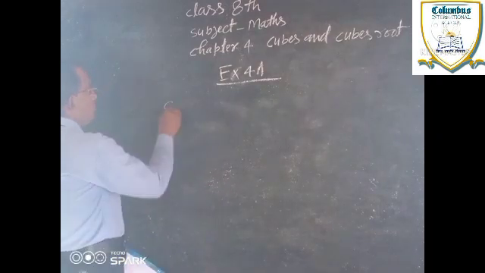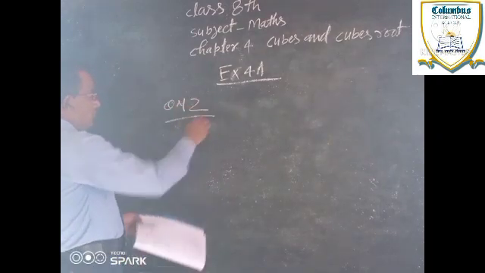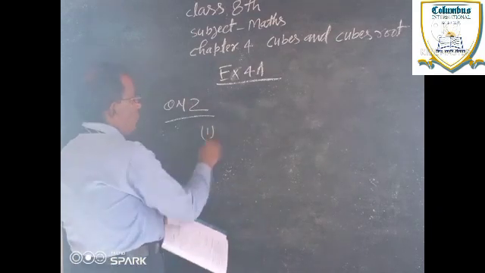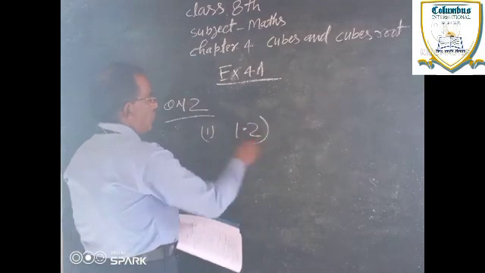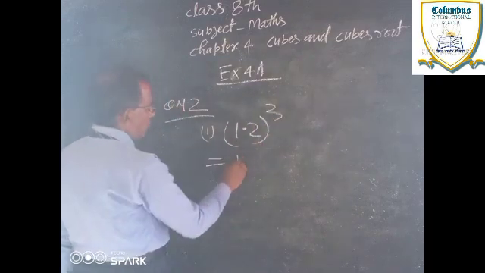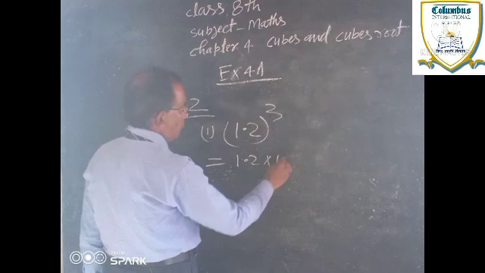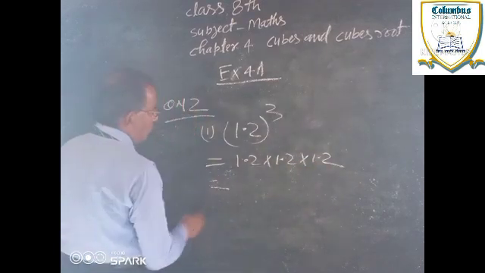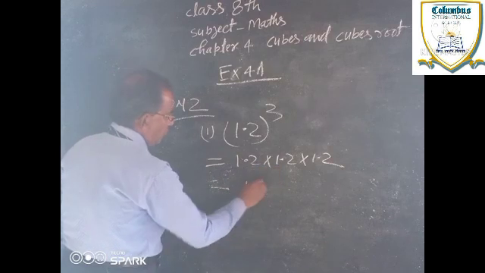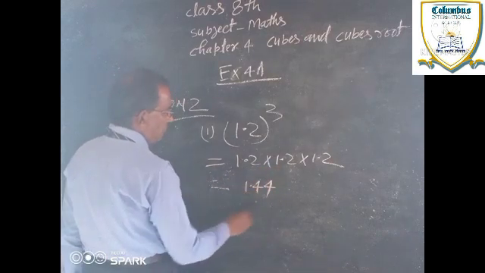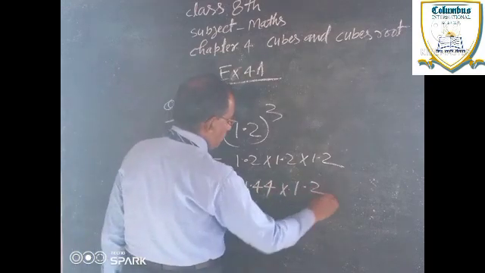Question number 2. (1.2) cube. We shall multiply 3 times, that is 1.2 into 1.2 into 1.2. 12 into 12 equals 144, and we put the decimal after 2 digits, into 1.2.